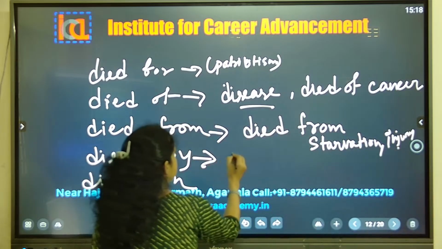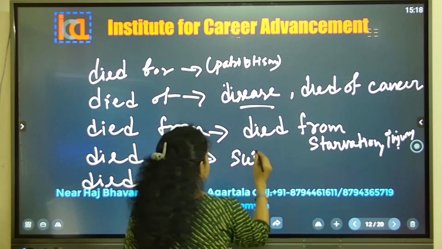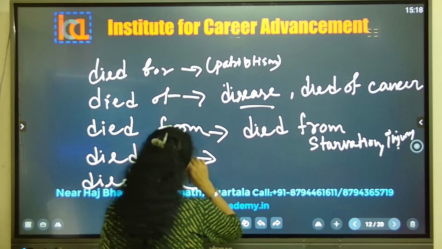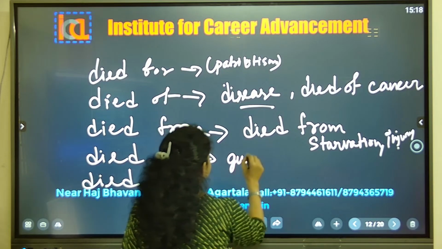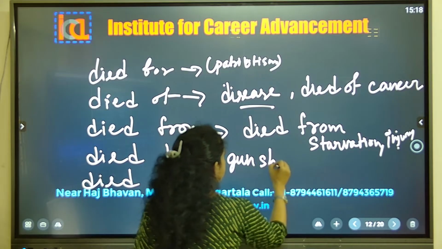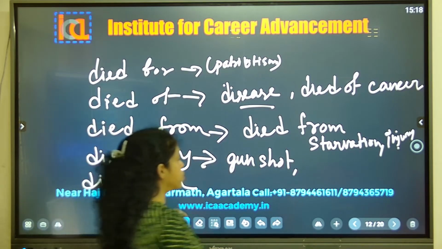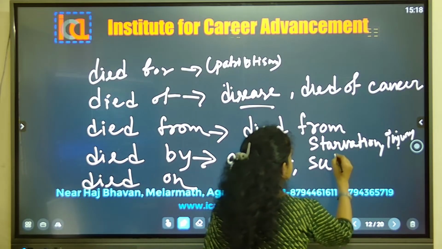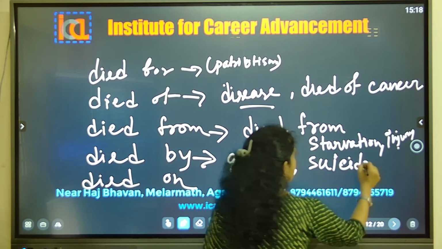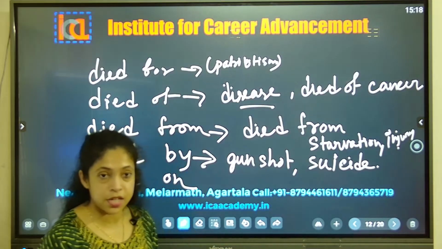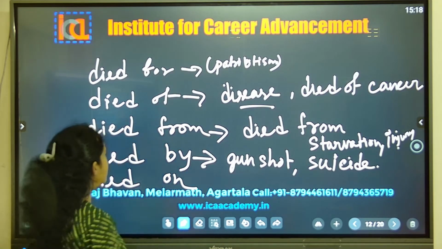Died by means suppose somebody died by gunshot, an instrument, or died by committing suicide. Then died on.